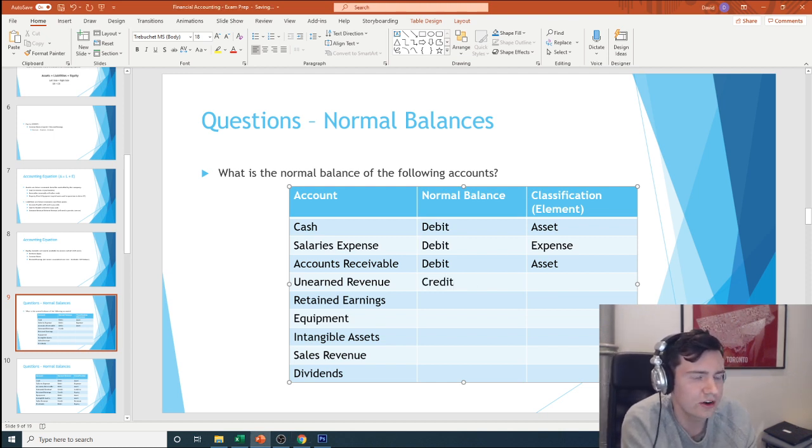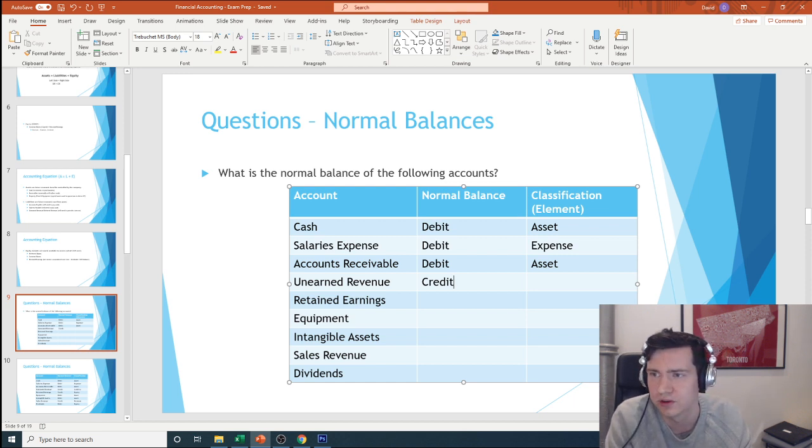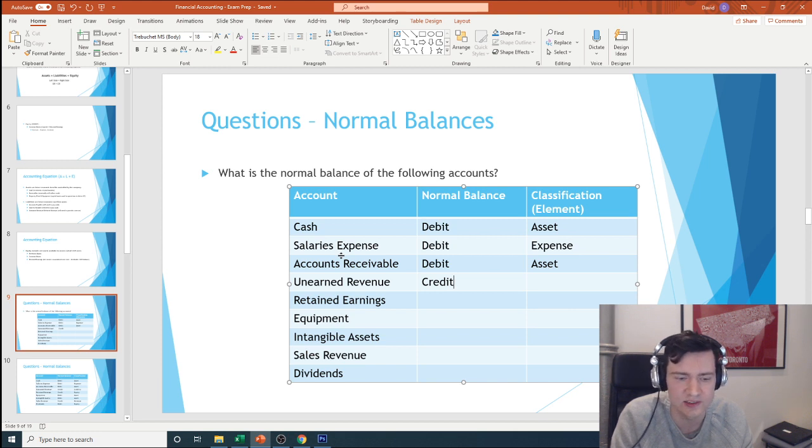Because unearned revenue is revenue that is frankly unearned, and we haven't provided a service yet. So we haven't earned that revenue, which kind of brings us back to one of the topics that someone wanted to talk about, which is revenue recognition. The revenue recognition principle states that you cannot record revenue until it has been earned.